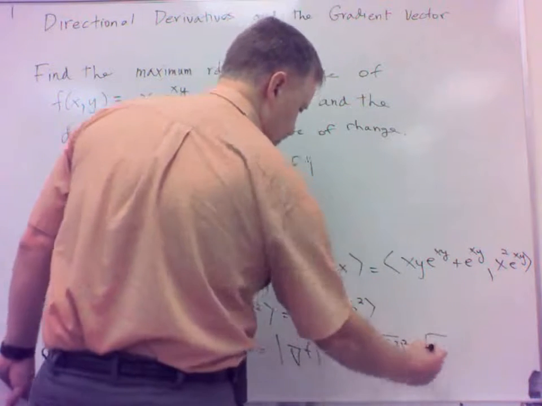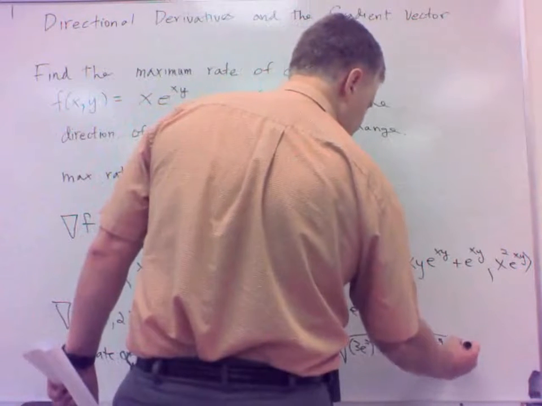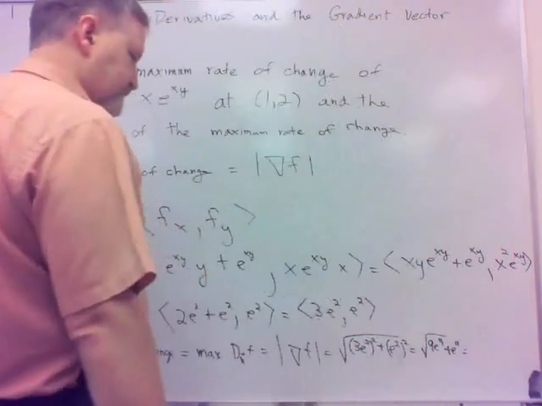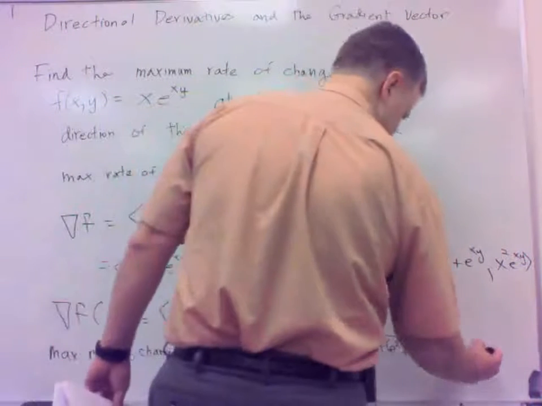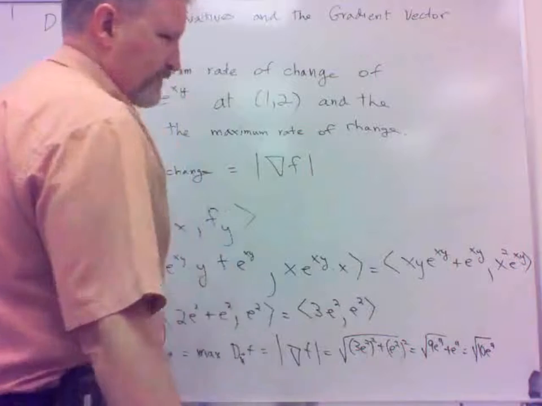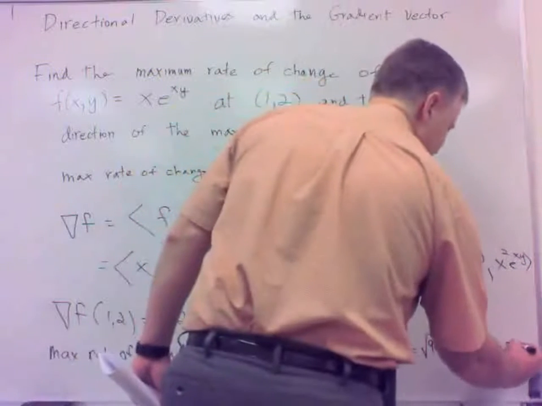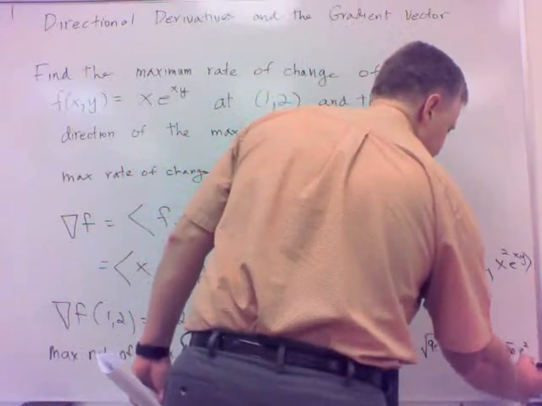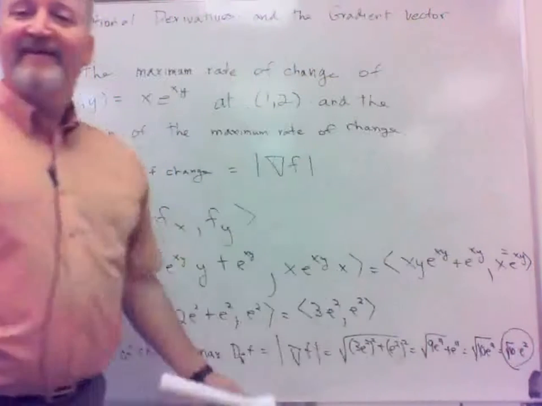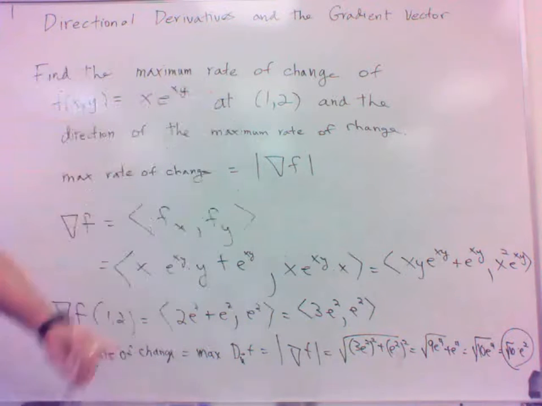So it'll be the square root of 9e to the 4th plus e to the 4th, the square root of 10e to the 4th, which is the square root of 10 times e squared. That would be the maximum rate of change this function would have at (1, 2): square root of 10 e squared.